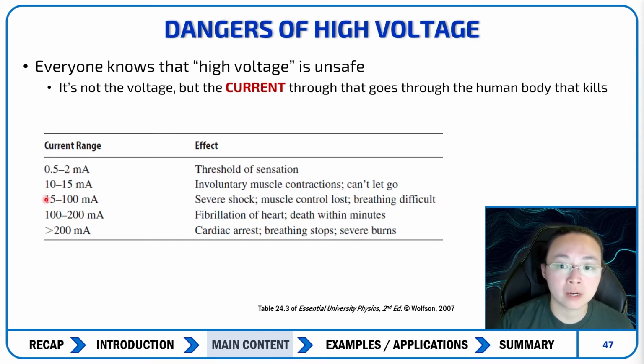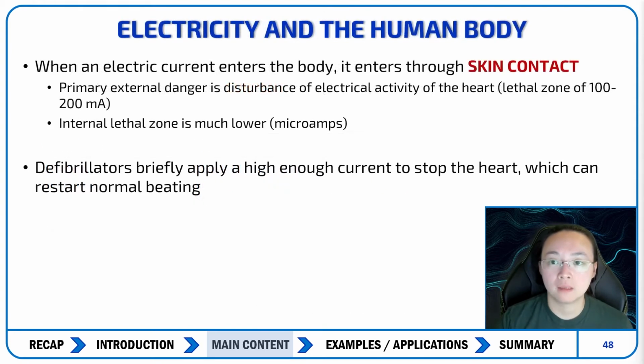This is where defibrillators commonly come in, in terms of how much current and electric shock is delivered to your body to restart your heart. Over 200 milliamps, you get cardiac arrest, your breathing is going to stop, and you get severe burns, depending on where the entry and exit point of the current is.